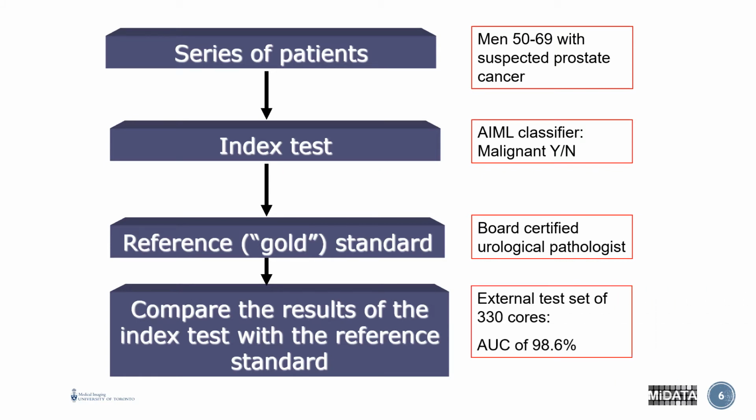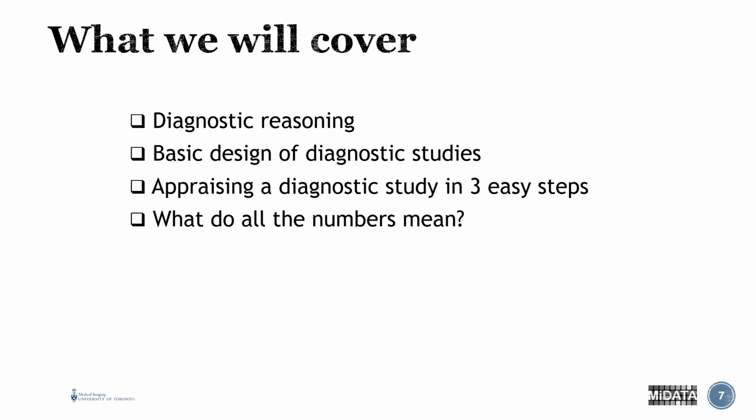And finally, the test that was used in order to produce the results of the accuracy was a test set of 330 cores, and the index test produced a result of an area under the curve of 98.6%.